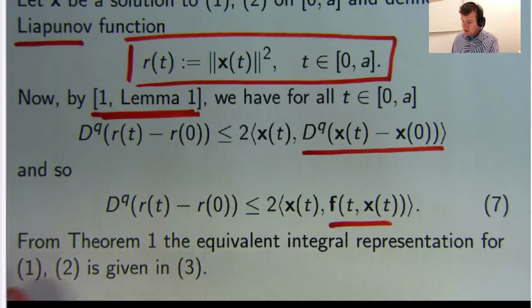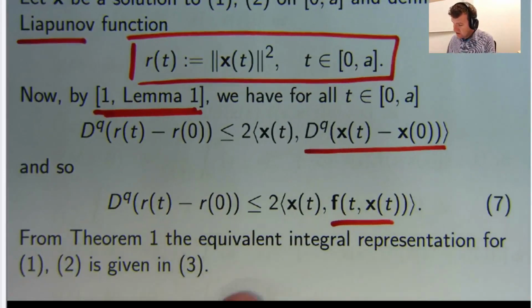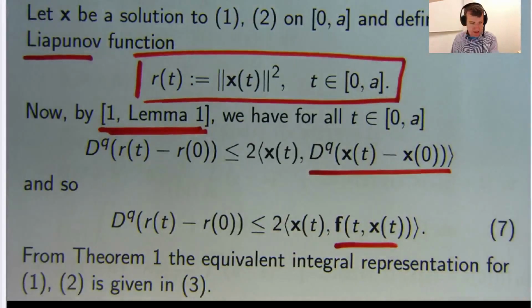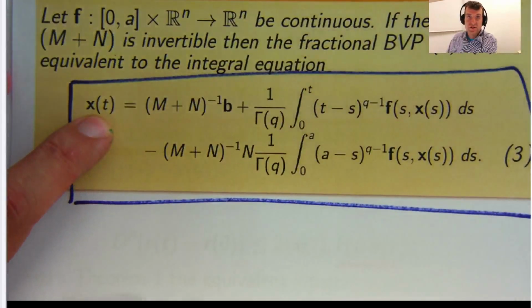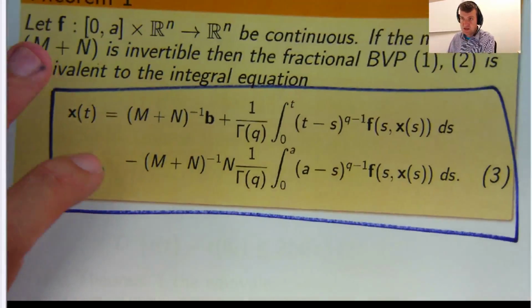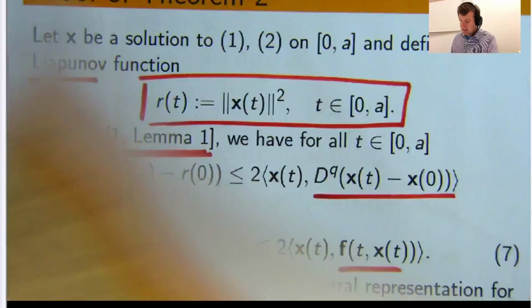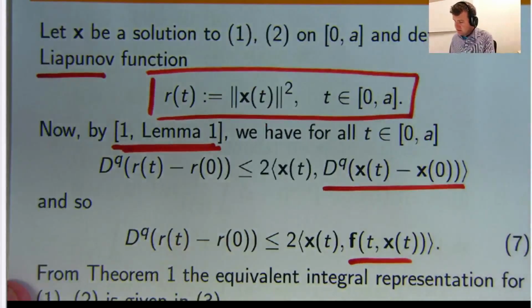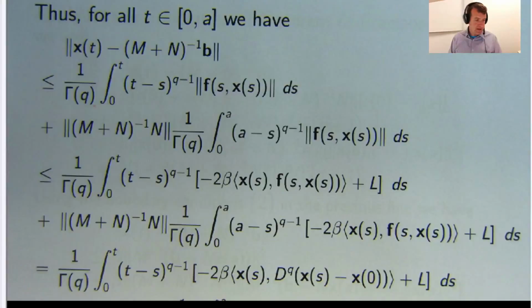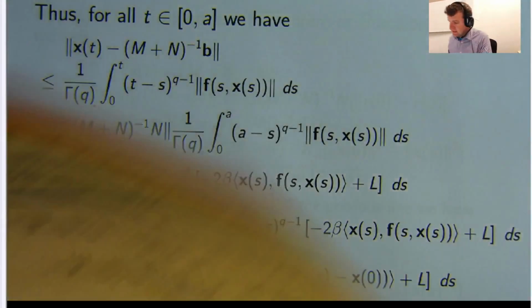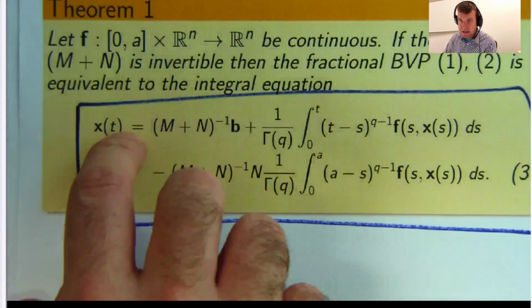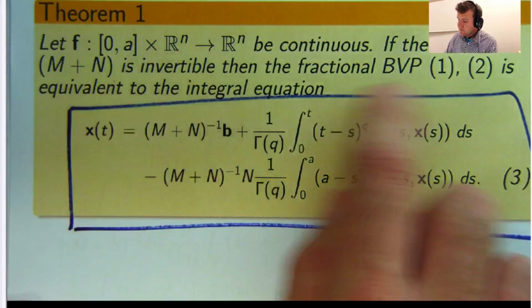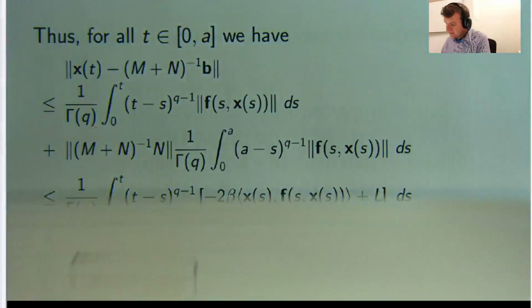Okay, so from our earlier theorem, we know that problem 3 is equivalent to our original problem. This is the problem we're actually going to work with. Okay, so if we just move the m plus n inverse b over to the other side and take the norms of both sides, we get the following.